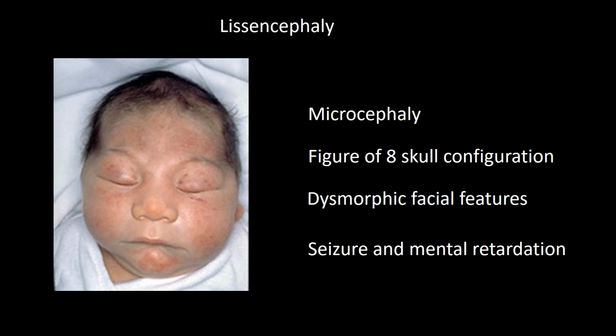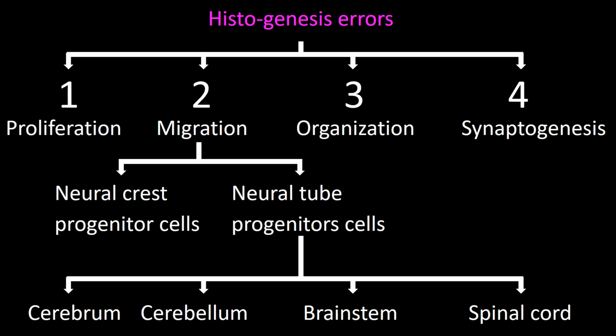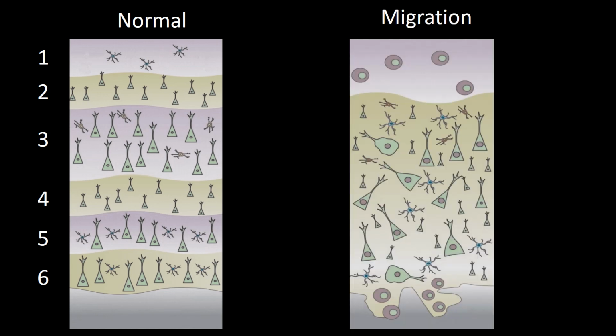This patient has lissencephaly. Lissencephaly is a histogenesis error of migration involving neural cell progenitors at the cerebrum. This is a cartoonish representation of a well-developed neocortex with its organized 6 layers. This is a cartoonish representation of an abnormal neocortex due to migrational error.